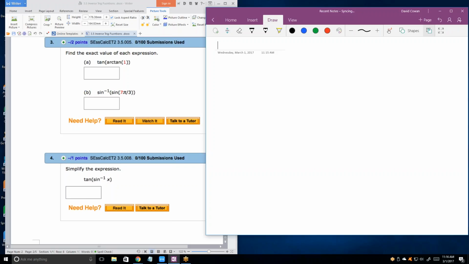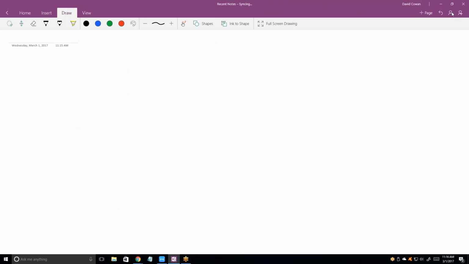I think I want to go through this method with you. Let's say we have the sine of the inverse tan of 1. Okay, and they want to know what that is without a calculator.